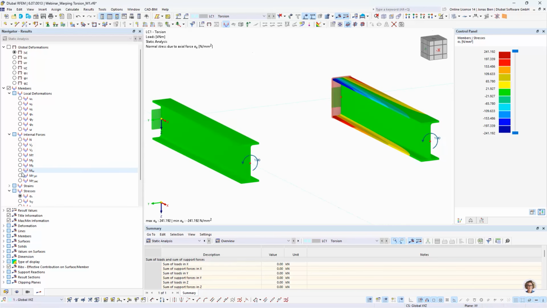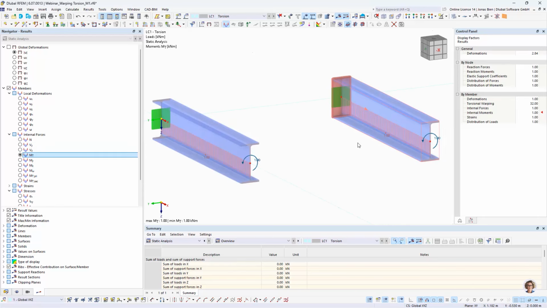We can also now check the share of the torsional moment. Of course, in both systems, the sum of the torsional moment along the beam is still 1. But now, on the right side, only a small portion of the torsional moment is actually Saint-Venant torsion or primary torsion. The rest goes to secondary torsional moment.